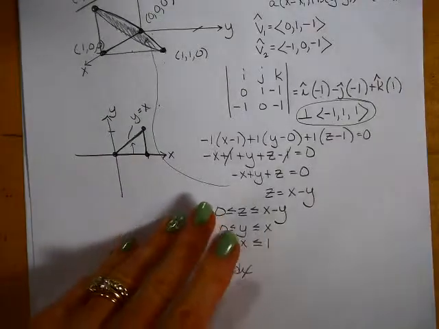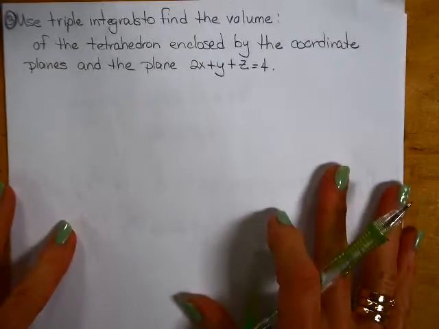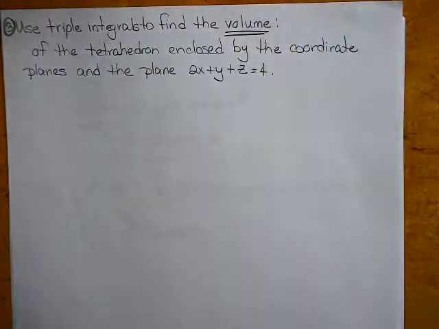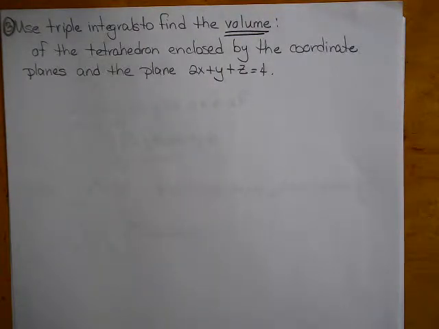Okay. All right, I wrote another one down because this one is a little different because it wants you to find a volume with triple integrals. I don't know if you remember, but a couple sections ago we did volume using double integrals. You can do a volume using double integrals or triple integrals, and you get the same answer.